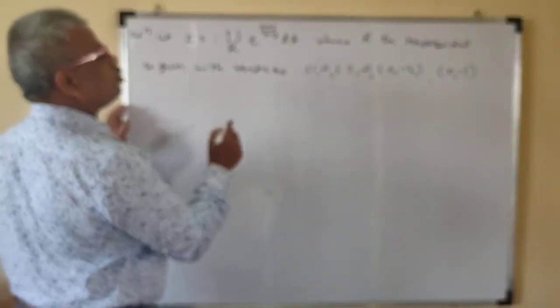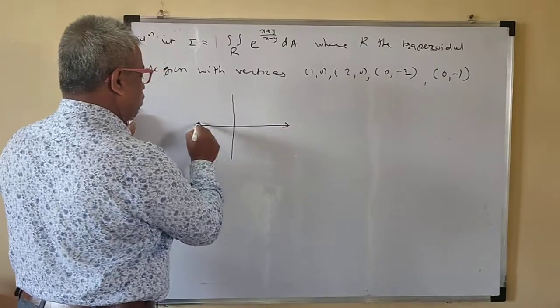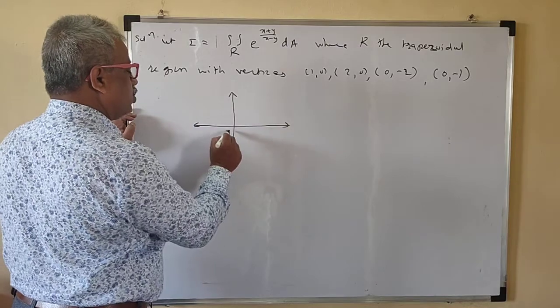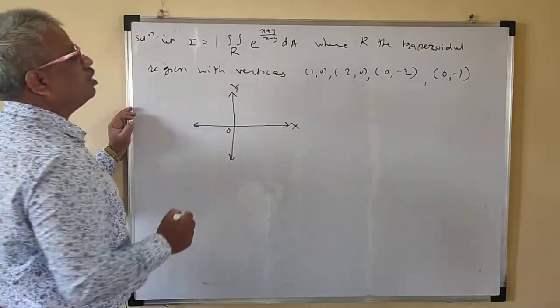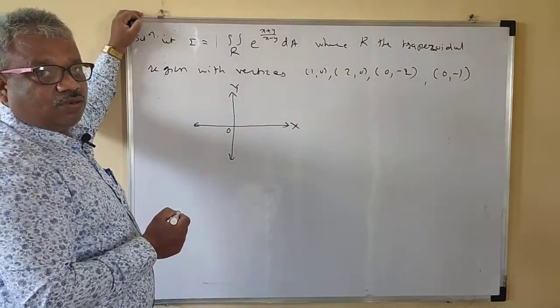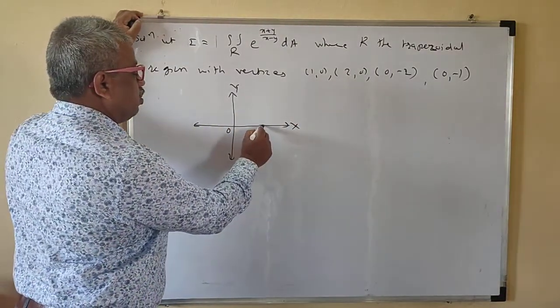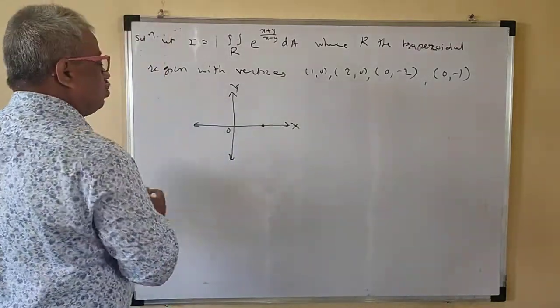Let us draw this figure roughly. This is the x axis, the y axis, and this is the origin. Where is (1, 0)? The y coordinate is 0, so it is on the x axis. Now (2, 0) is here.